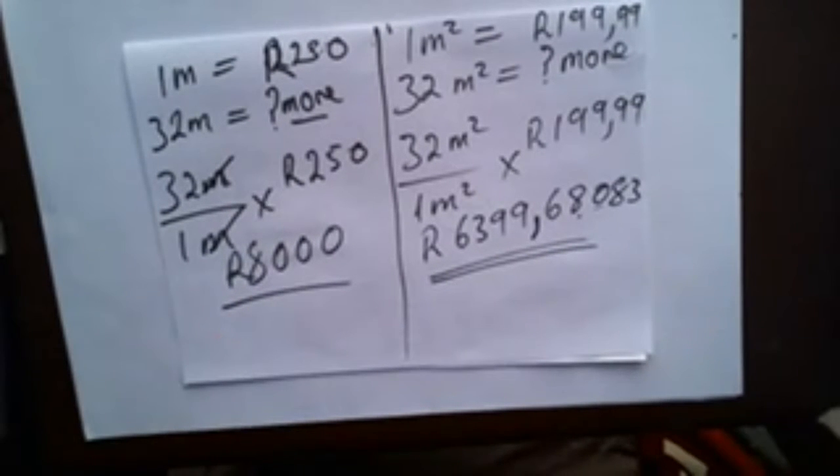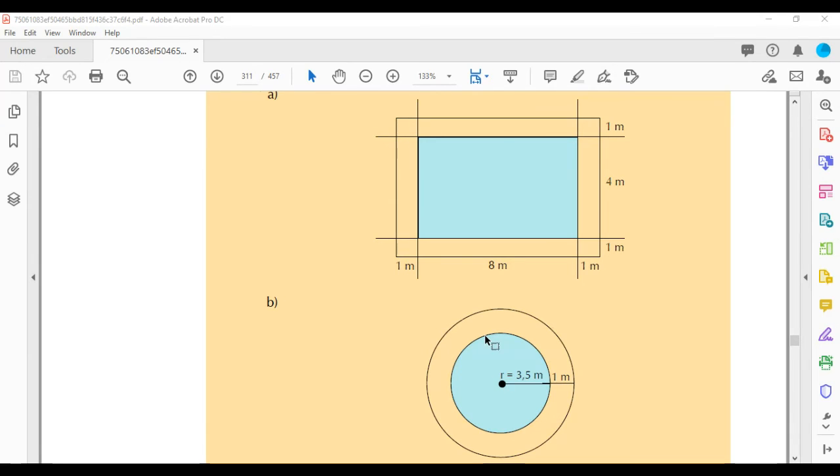Okay, let's look at these parts here. So this is what we have. Let's look at the same question, but now using the formula for calculating the perimeter of a circle.